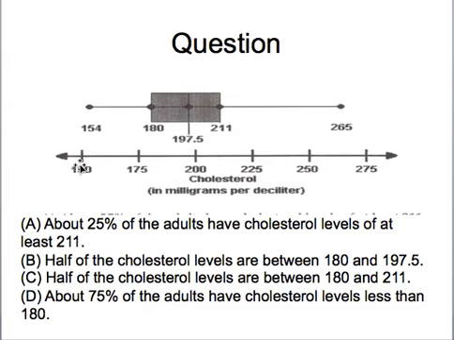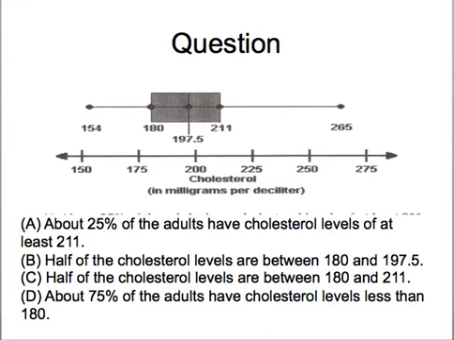I have a diagram here showing cholesterol values of adults, and you can see that the minimum value is 154, the first quartile is 180, the median is 197.5, third quartile is 211, and the maximum is 265. Okay, so which of these statements are true?